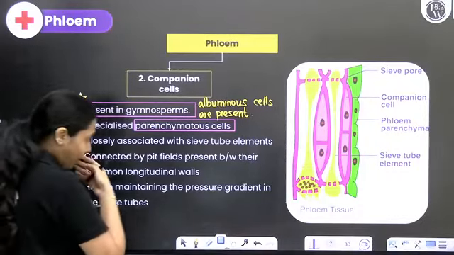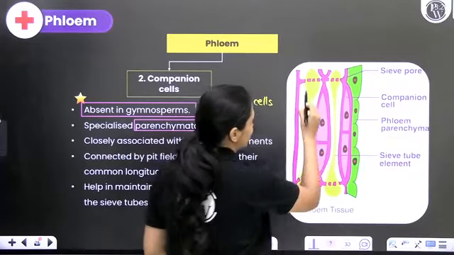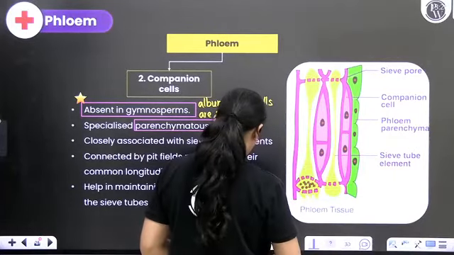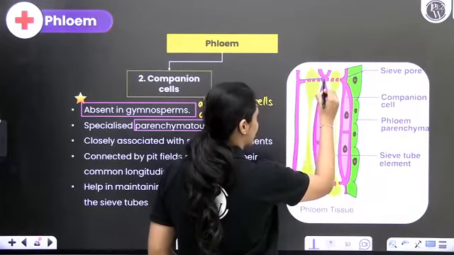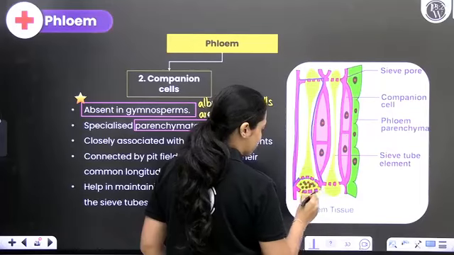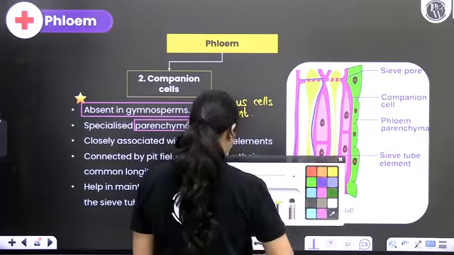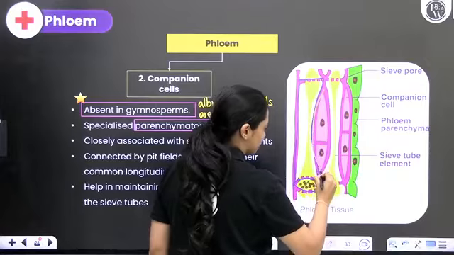Now, if this one is a sieve tube cell, sieve tube member, sieve tube element, whatever you want to call it, right next to it you have this companion cell.